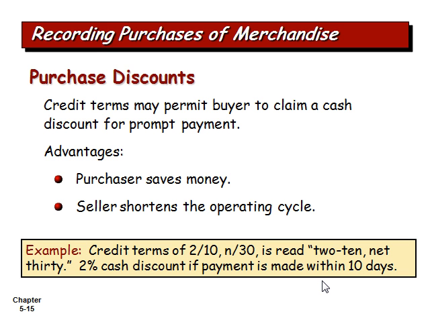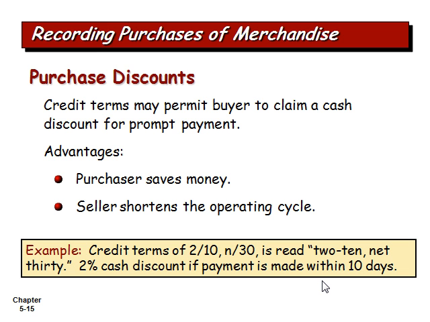Purchase discount. A purchase discount is an incentive that the seller grants to the buyer to encourage the buyer to pay promptly. Most businesses buy things on credit, and some people can take advantage of the credit terms and not pay very timely. So businesses might offer an incentive to those people who pay within a certain time period.